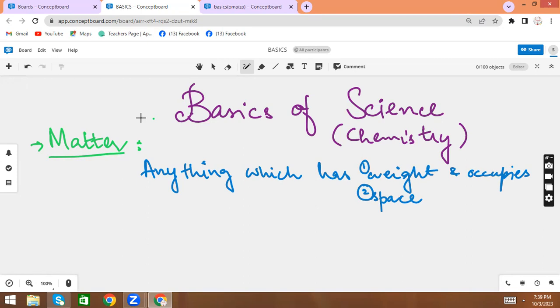So if we see around us, all the things have some weight and occupy some space. So in general, if you see all the things around you, they have weight and occupy some space. So you can say everything is matter.